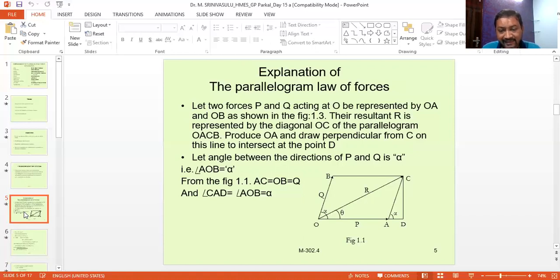So we can construct the parallelogram OACB with the given sides OA and OB.